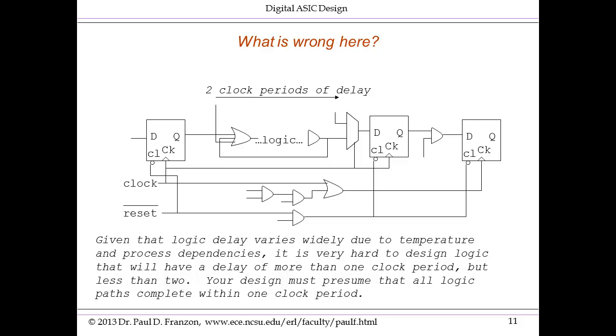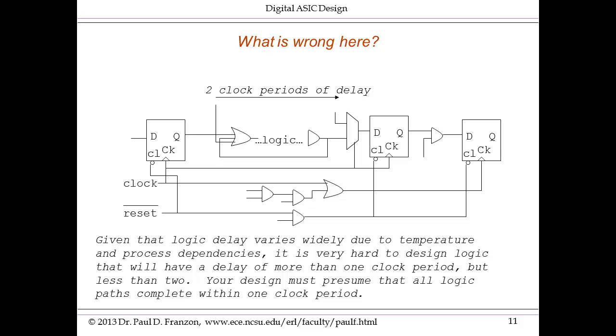And the reason is given at the bottom here. As we'll talk about more in the timing notes, logic delay is actually very hard to predict. It varies enormously across the possible process variations in the factory, which give roughly a 4-to-1 range of delay, and across a temperature range at which the chips could operate.